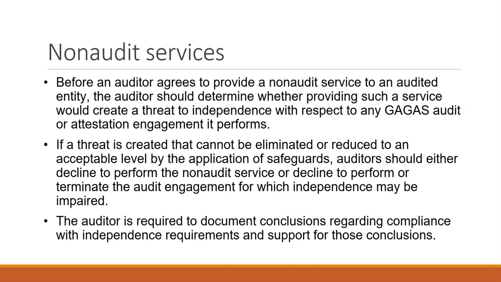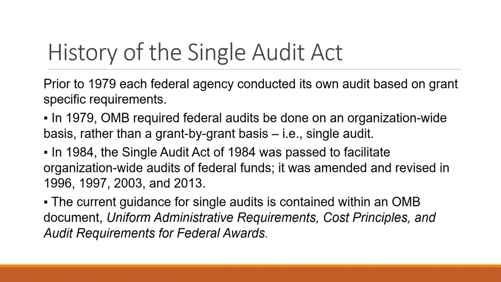The auditor would have to determine whether any of those service requests affect independence. If yes, then they should refuse to do them, and if no, it doesn't affect independence, then they need to disclose that information.